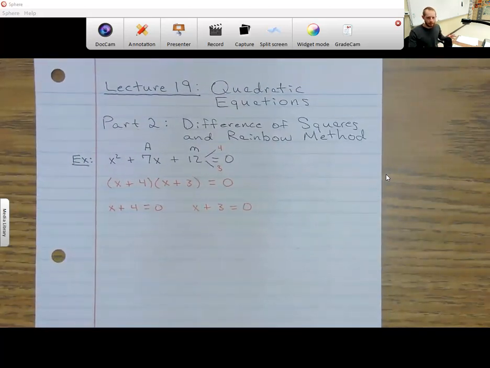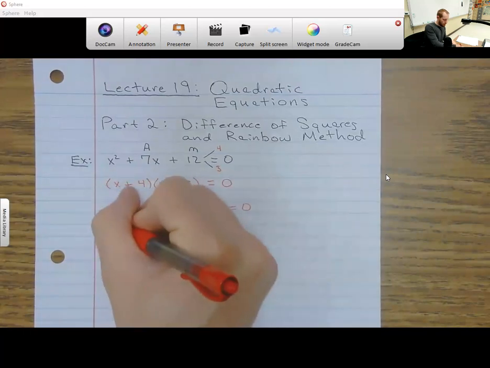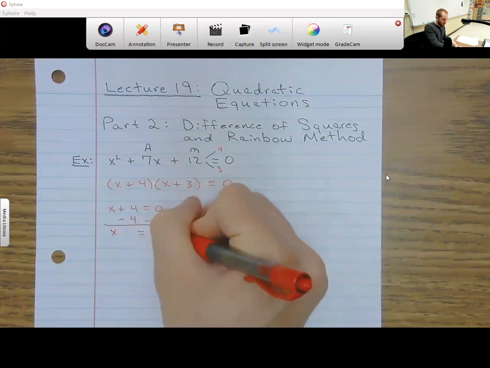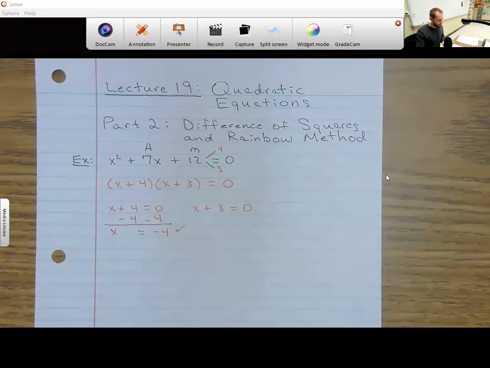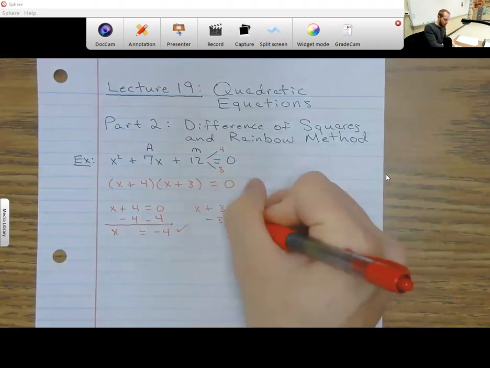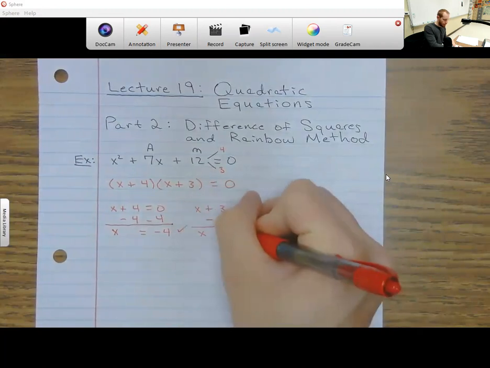I have to subtract 4 on both sides. I get x equals -4. So that would be my first answer. And then over here, I would have to subtract 3 from both sides, and you're going to get -3 as your second answer.